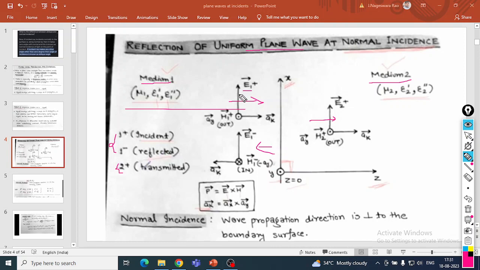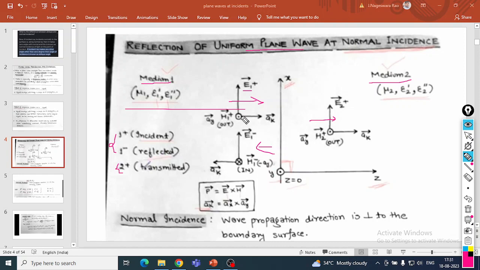As per this diagram we can observe here the electric wave is polarized in the x direction, then the magnetic signal is polarized in the y direction. Here we observe the dot in a circle, which means the outward direction.